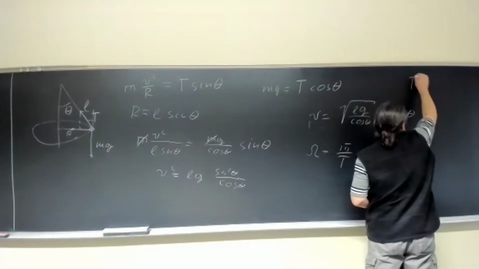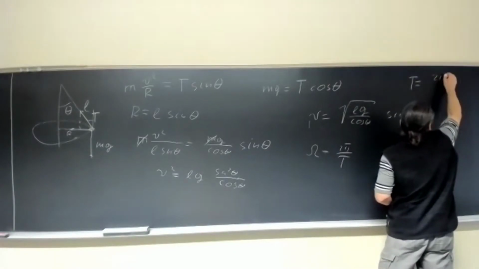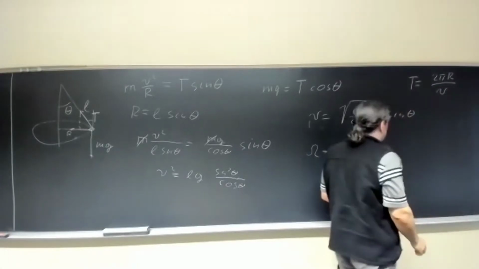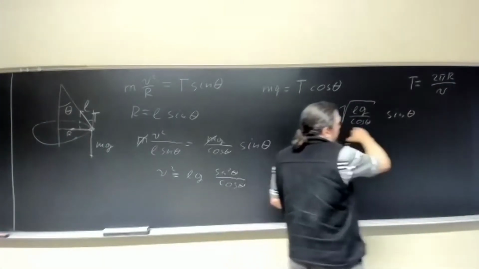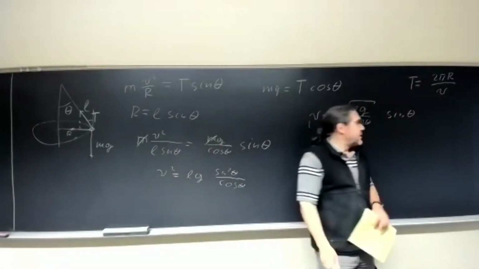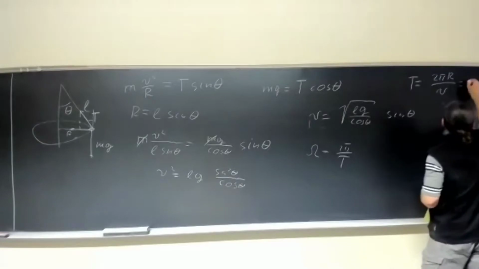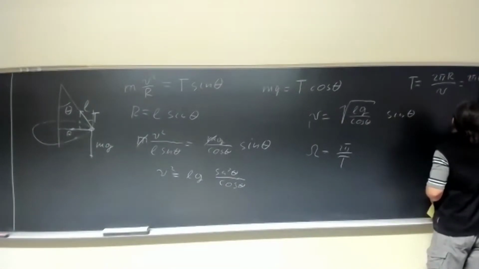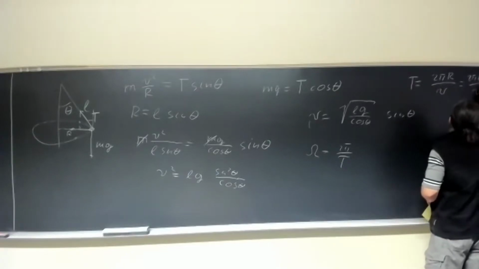So that time equals the length of the circle, it's 2 pi r, divided by the velocity, right? So we already know the velocity, and we know R is L times sine theta. So what you have here is 2 pi L times sine theta divided by velocity, right?